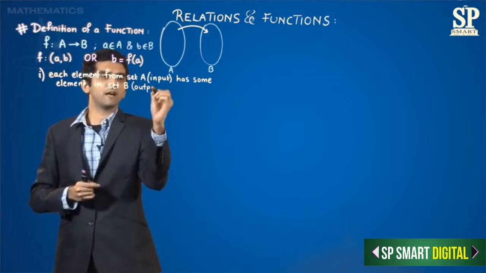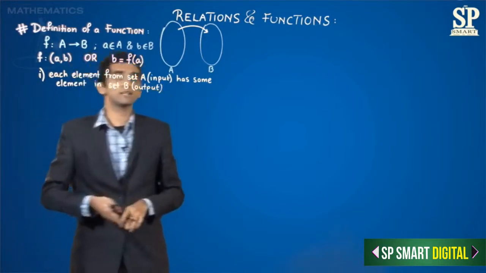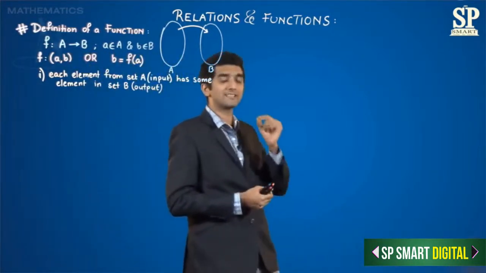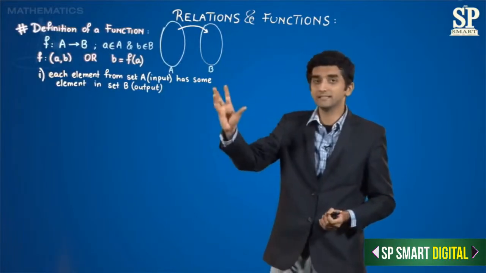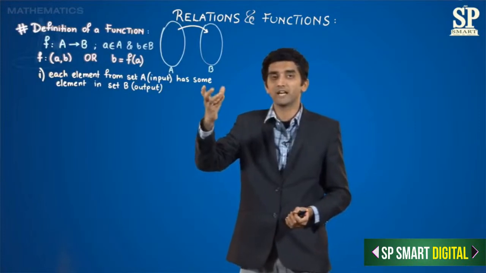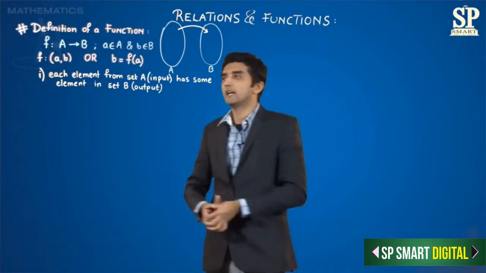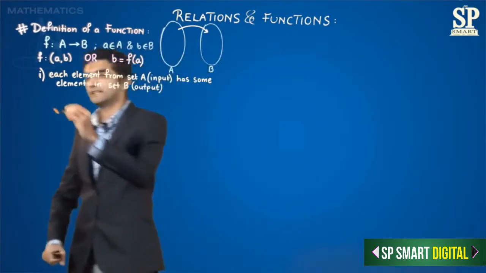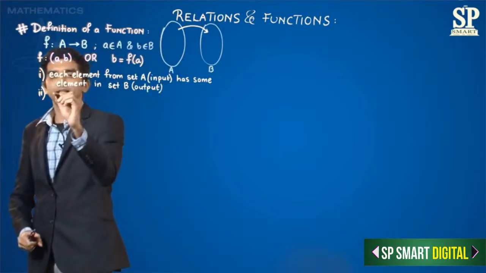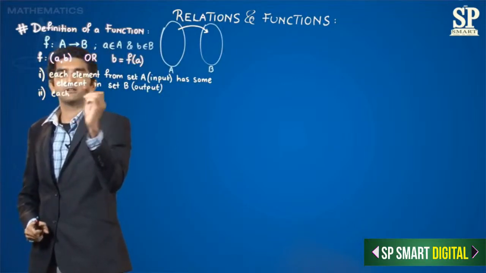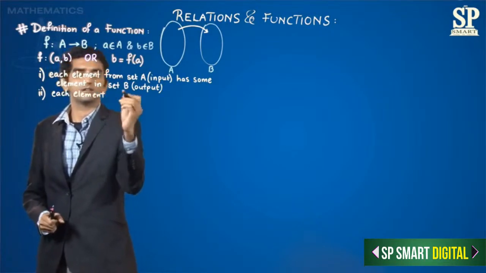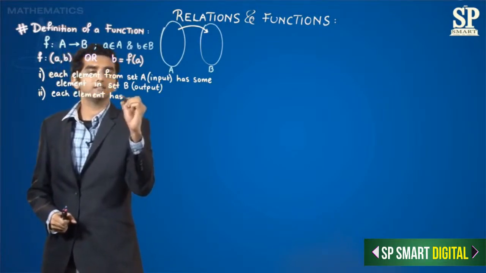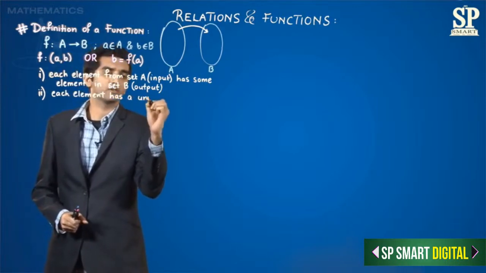So what we have understood here is that there should not be even a single element in set A which does not have an output. That is the conclusion from the first statement, and the second statement says that each element has a unique output.